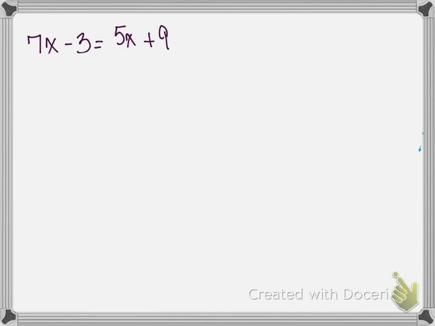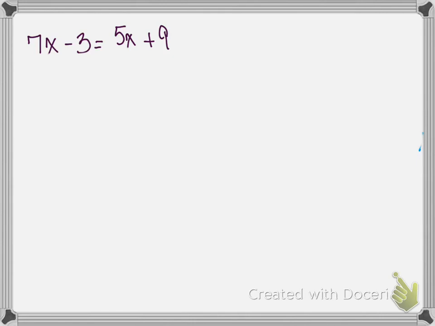Now, for our next one, we have moved into having a variable on both sides of the equation. We have 7x minus 3 equals 5x plus 9.